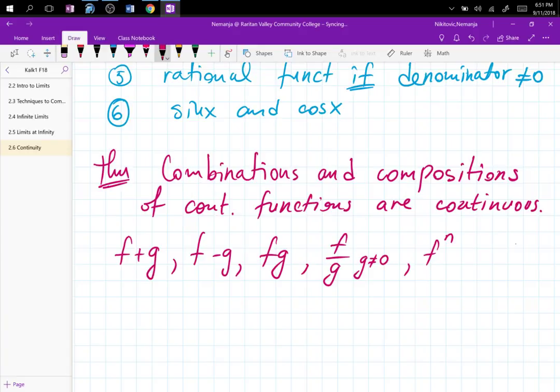f raised to the n. Guys, this includes not just squares and cubes, it also includes all of your square roots and cube roots and so on. Anytime in calculus and beyond, when you see f to the n, be nice. Don't discriminate against fractions.